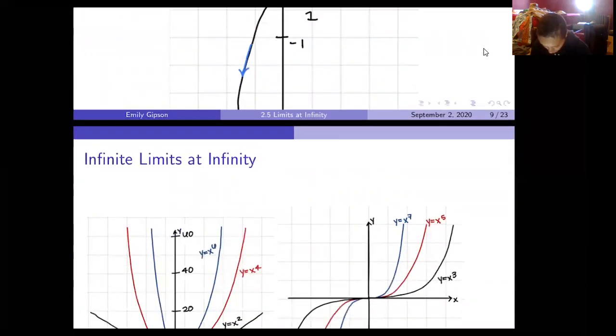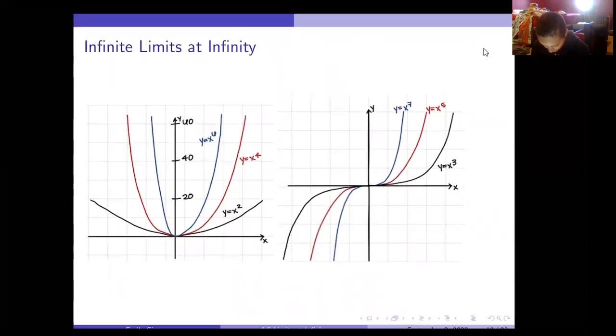Now, what can we say about functions when we've got x squared, x to the fourth, x to the sixth? Well, if we've got an even power, then both ends of our function are going to be pointing upward. That is, both of them are going to approach positive infinity. And as we go from x squared to x to the fourth to x to the sixth, we go towards infinity faster and faster.